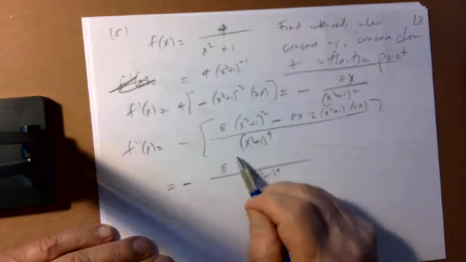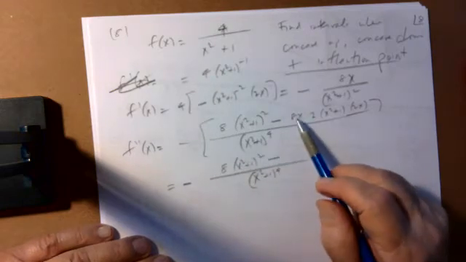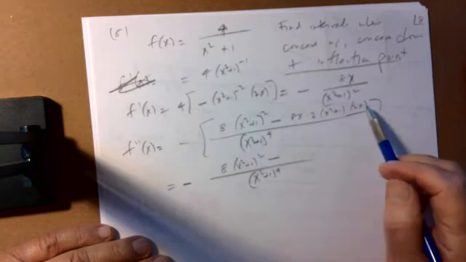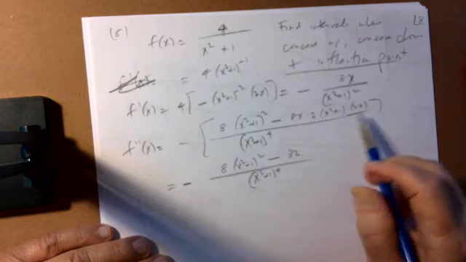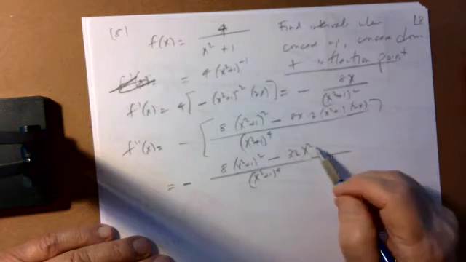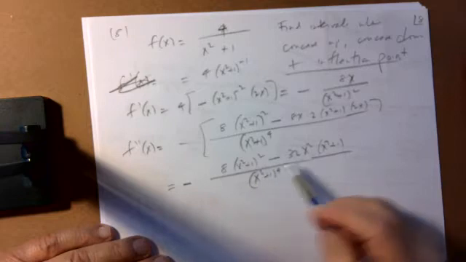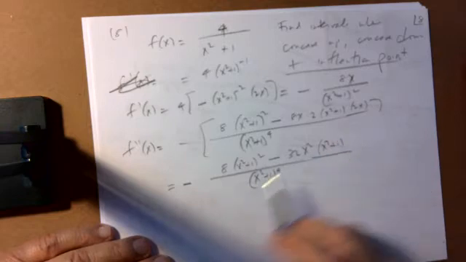This is 8 times x squared plus 1 squared minus 8 times 2 is 16, times 2 is 32, x times x is x squared, times x squared plus 1. I can simplify that by factoring out an x squared plus 1.